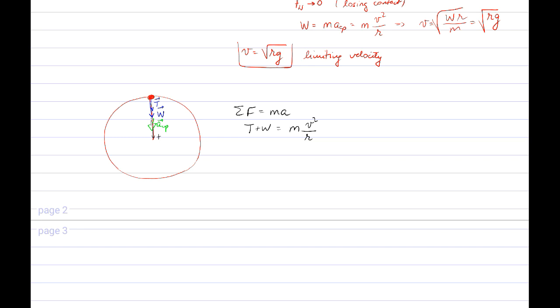Just like in the problem before, there is a question that can be asked, a trick question, and that is, how fast should this mass rotate so that the string does not become slack?